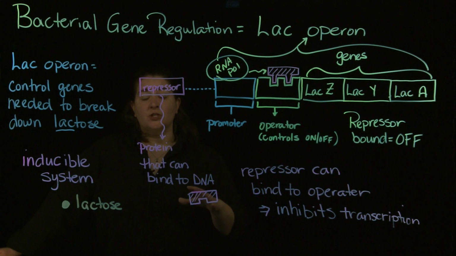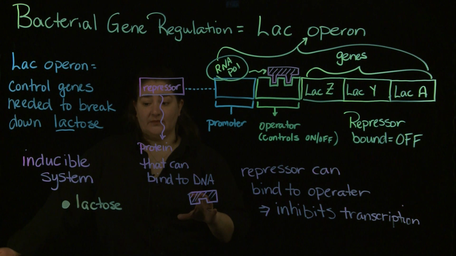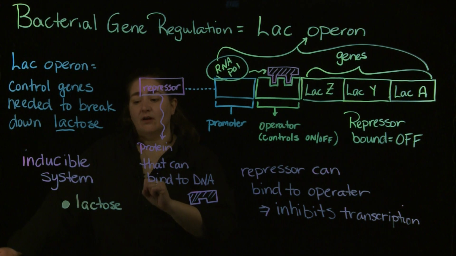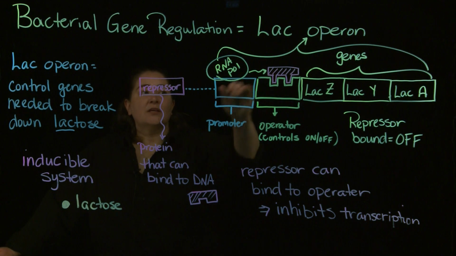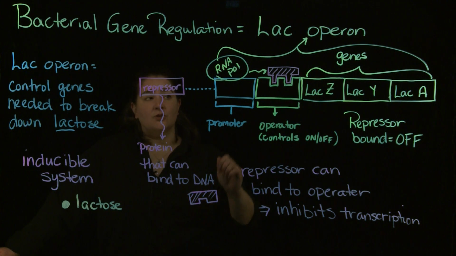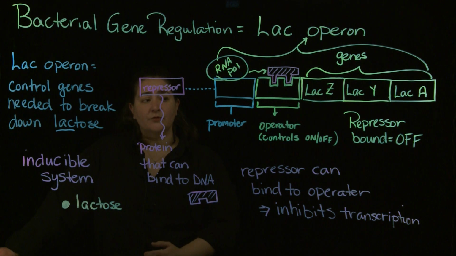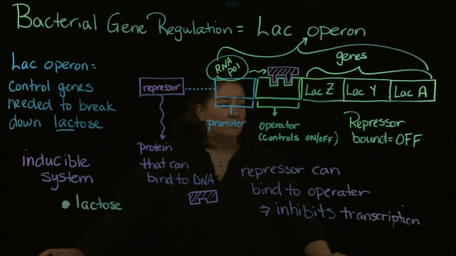My next video, I'm going to show you what happens in order to turn that Lac Operon on, okay? In order to turn the Lac Operon on, we're going to need to have lactose present. So this video is just to give you an introduction to the portions of the Lac Operon. I want you to know all of those components. The repressor I drew up here because it was easiest to start with off. And in my next video, I'm going to show you how that repressor is going to be removed from the operator region so that we can turn on transcription of the genes.